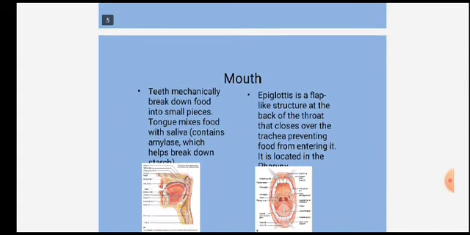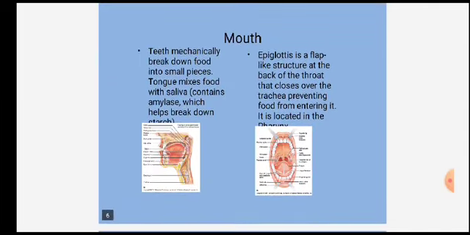What about the mouth? The mouth consists of different types of organs: the teeth, the buccal cavity, the upper lip as well as the lower lip. The teeth mechanically break down the food material into small pieces. Then inside the mouth there is a tongue.